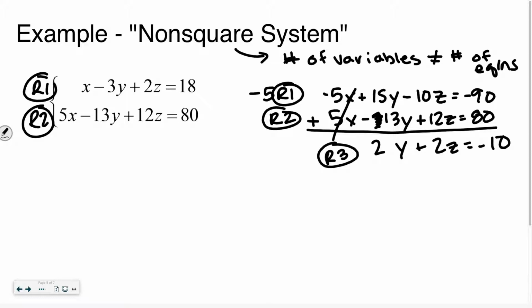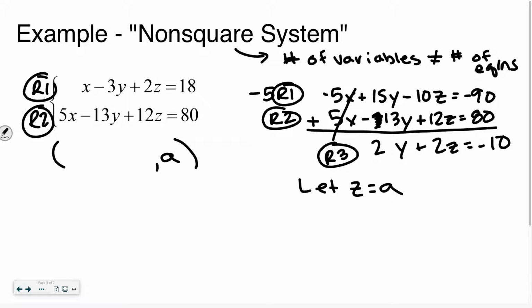So the best I can do is say, let z equal a. I have a z here. I could say let y equal a, couldn't I? Let z equal a. In my order triple, z is a.